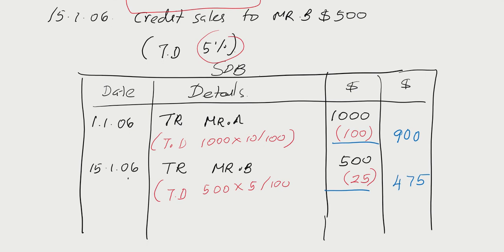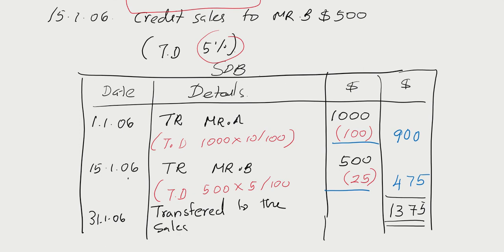Now we can find the total of this. Now this will be transferred at the end of the month to the sales account in the general ledger or nominal ledger.